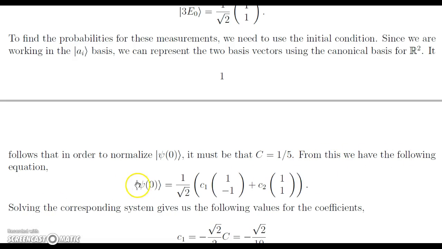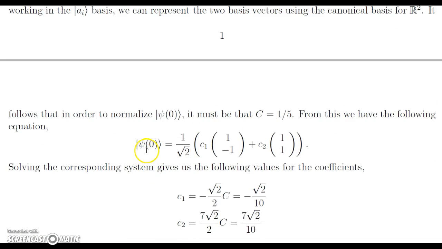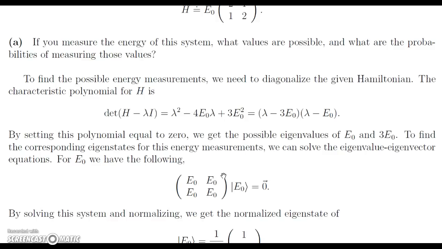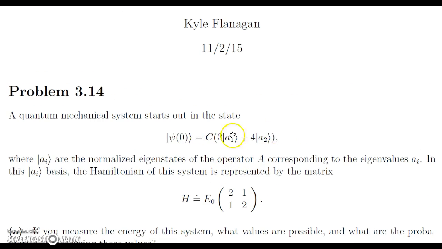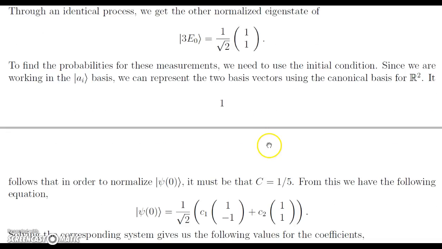So now we have the following equation for the initial condition. We have psi of 0 equal to 1 over root 2 times C1 times the column vector 1, negative 1 plus C2 times the column vector 1, 1. And we can set this equal to the above state here as in matrix representation form, which is 3C, 4C as the column vector.